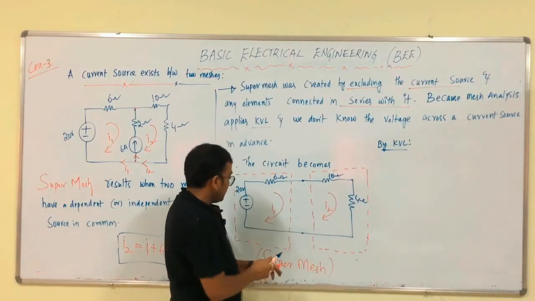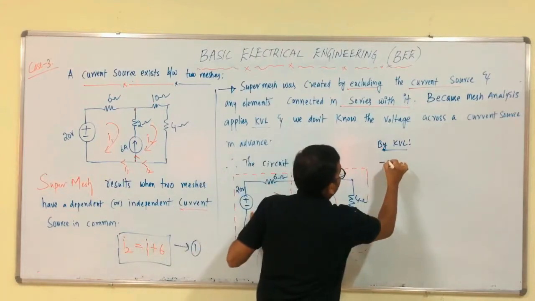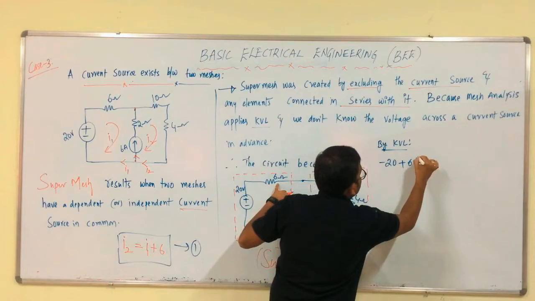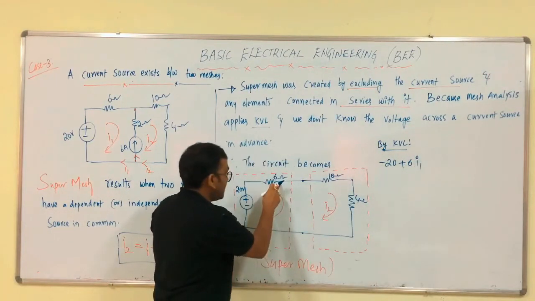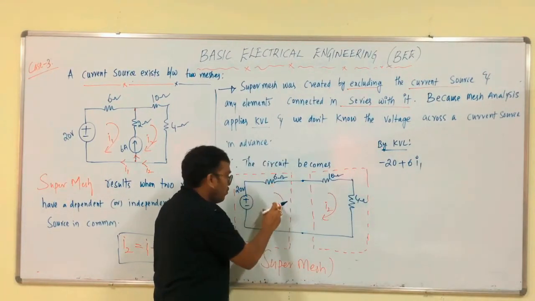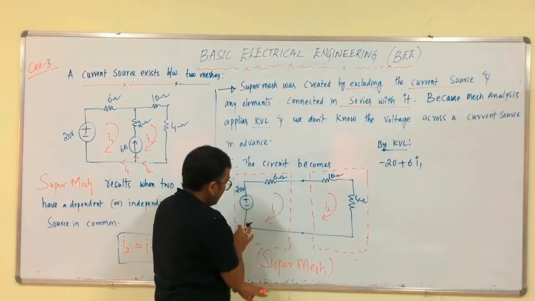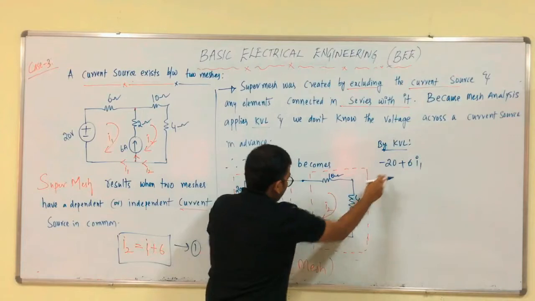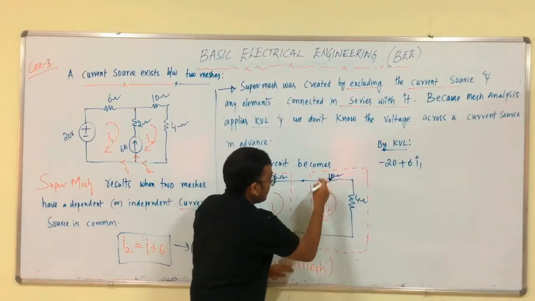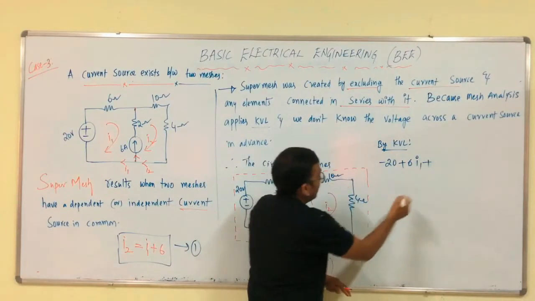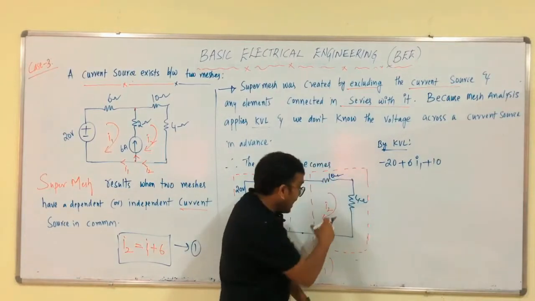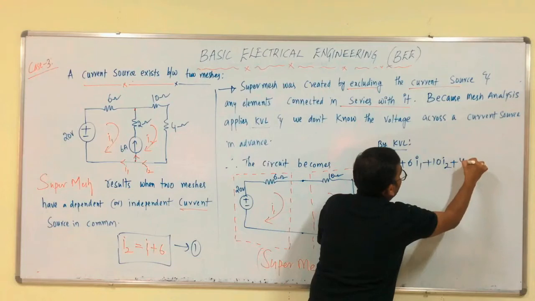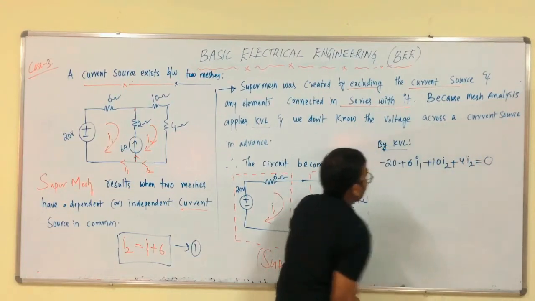Starting from here, minus 20 plus 6 I1, because this 6 ohm branch is in loop 1 itself. Then coming to this branch, plus 10 with current I2, plus 4 I2 is equal to 0.